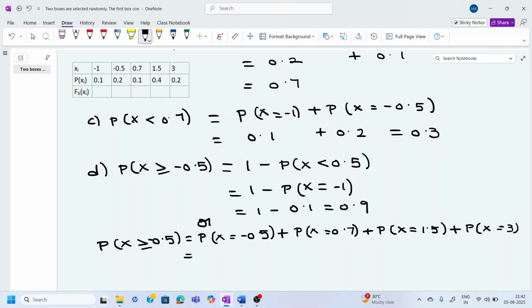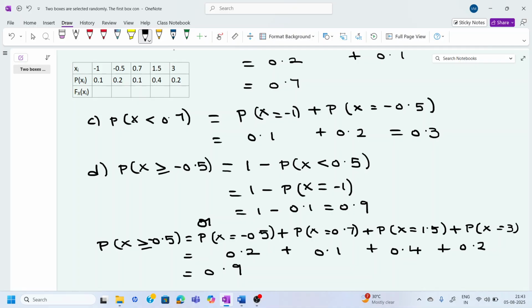So probability of x taking minus 0.5 is simply 0.2, and probability of x is equal to 0.7 is 0.1. Probability of x taking 1.5 is 0.4, and probability of x taking 3 is 0.2. So if we add 0.2 plus 0.1, 0.3 plus 0.4 is 0.7 plus 0.2 is 0.9. So you can do either way.